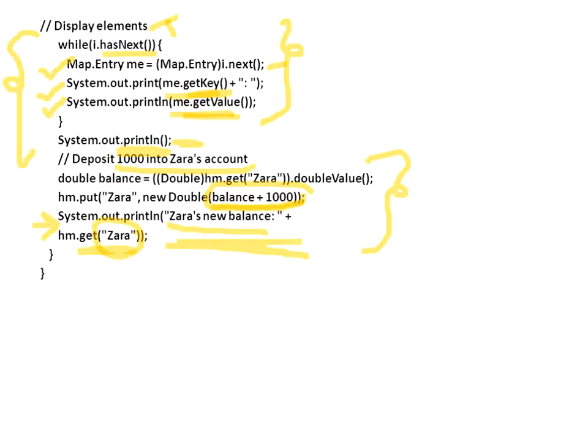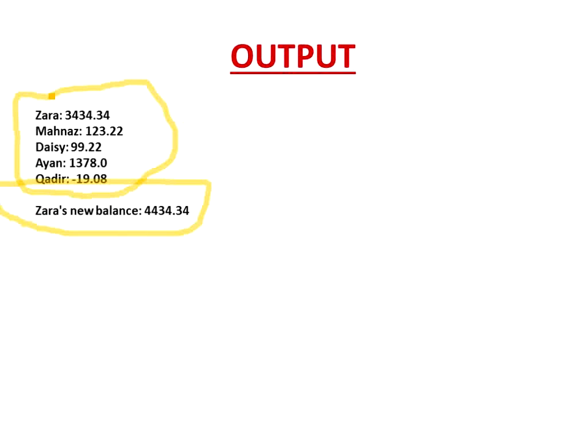So here we get the value of Zara and 1000 is added to it, and then Zara's new balance is displayed on the screen. So we have these keys and their corresponding values and the new balance.